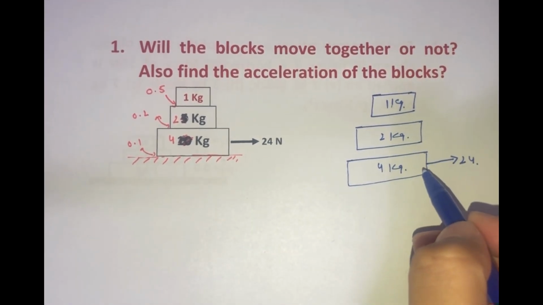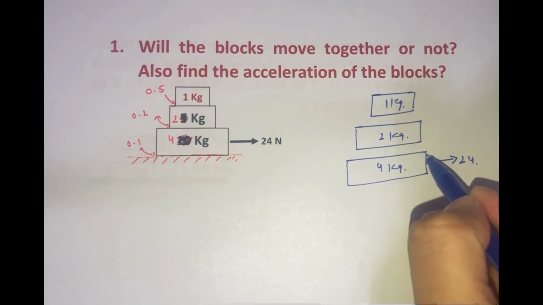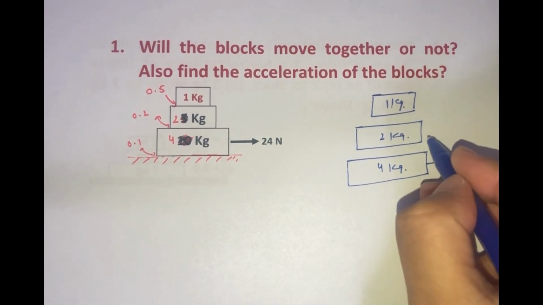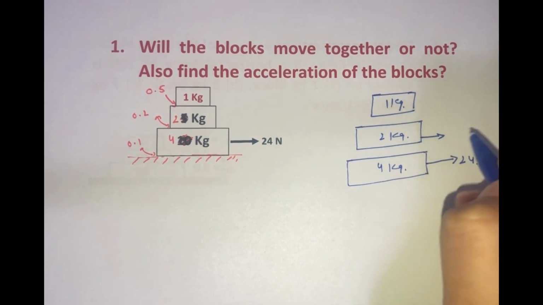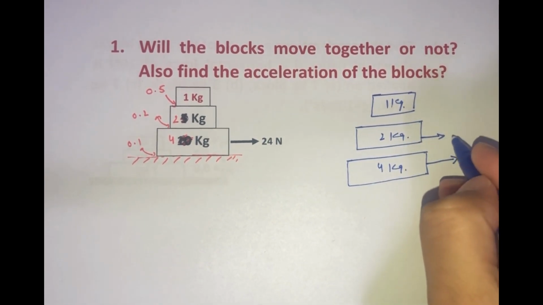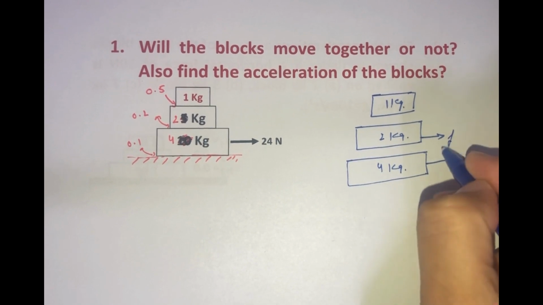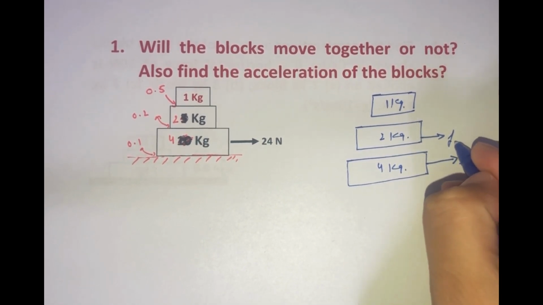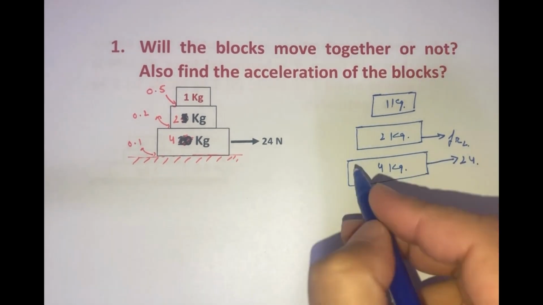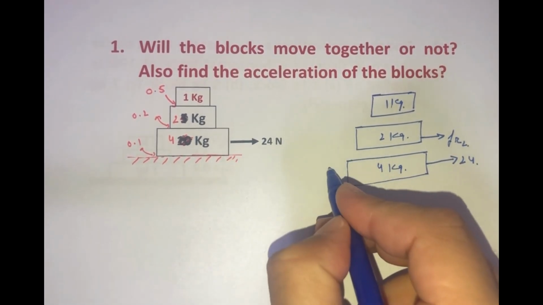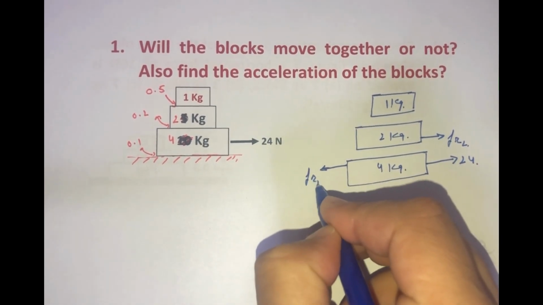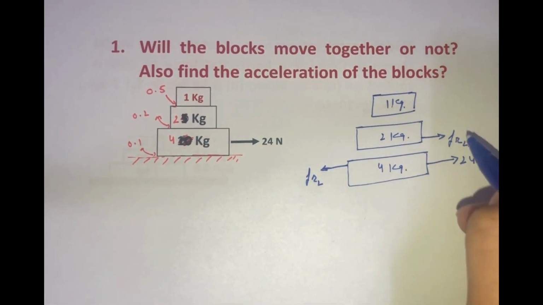So because of this force, it will try and move the 2 kg block towards the right. And let us suppose that force of friction between these two is Fr2, and because of that there will be opposite force Fr2 acting on the 4 kg block.